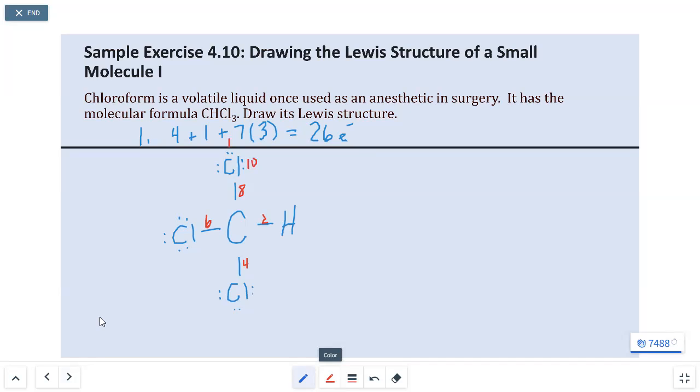Now just going around 10, 12, 14, 16, 18, 20, 22, 24, 26. 26 electrons in the structure, which matches the 26 electrons I'm supposed to have. This single bonded structure is the correct structure. I don't need to do anything else with it.